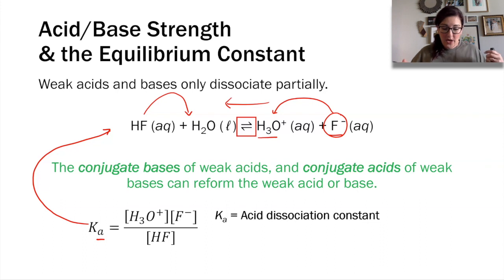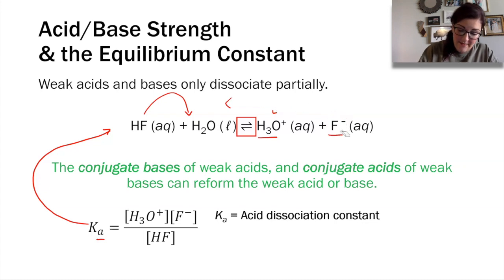If we think about how we already said that strong acids have very, very, very high Keqs or Kas, how do we think the Ka of a weak acid would relate to the Keq or Ka of a strong acid? If this is a weak acid, where we have this back and forth going on, reactants form products, products form reactants.